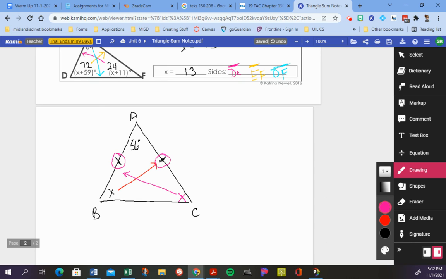Wait a minute, how'd you get that, Miss Rogers? Well, remember congruent means same size. Well, the sides opposite the angles indicate that the angles are also congruent. So that means that this angle, angle X, is the same size as this angle over here.